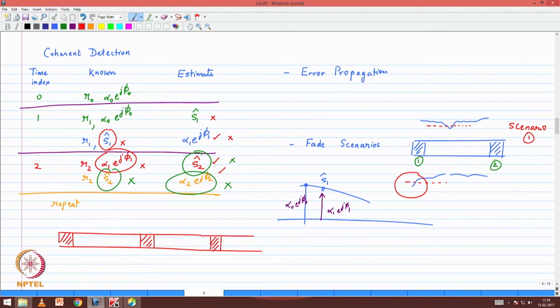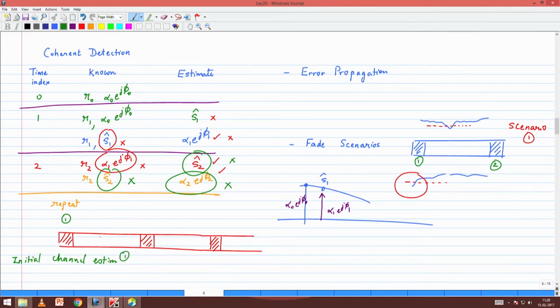And notice we are going back and forth between channel estimation and channel tracking. Basically, at this point, we do initial channel estimation. Initial channel estimation is step 1.